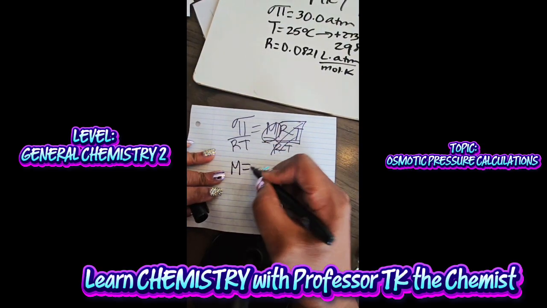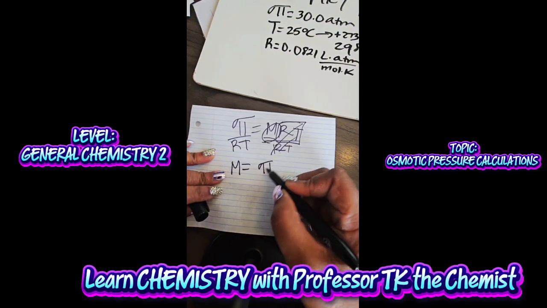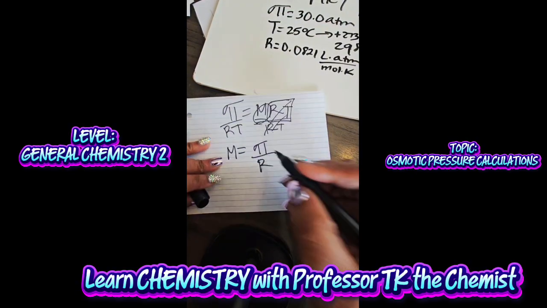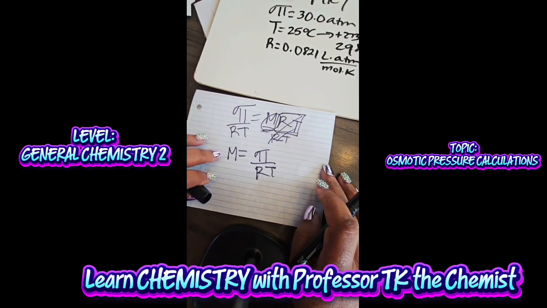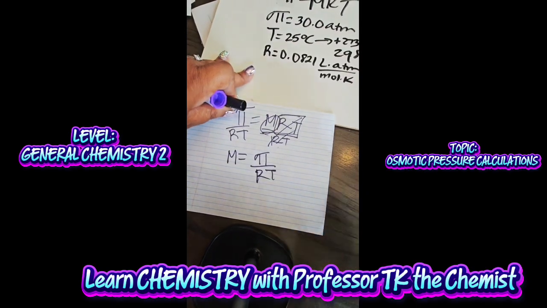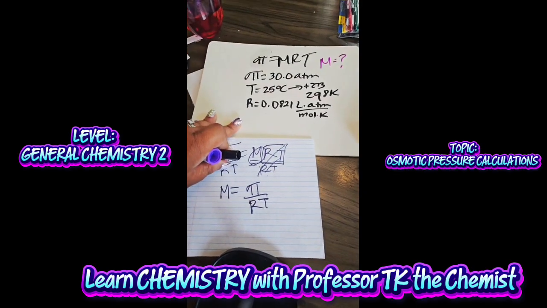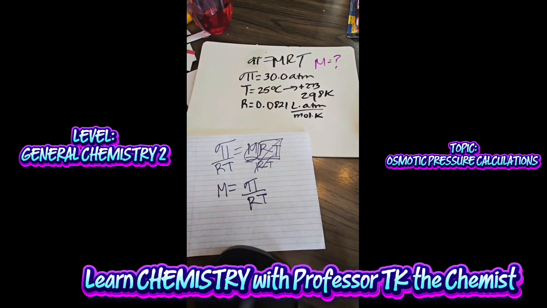So the formula for M is going to be that little funny shaped pi over R times T. That's the formula right there. And look, we have all the numbers that we need in order to solve for the M.